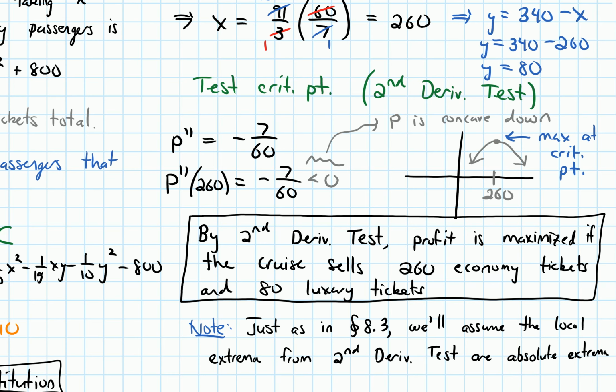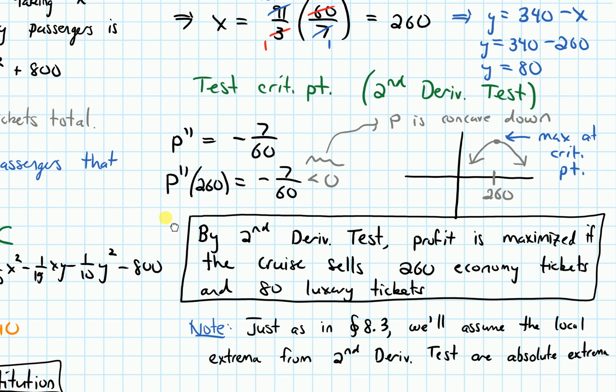We're going to assume that those local mins and local maxes that we get are actually absolute extrema, which is what we wanted in this problem. We wanted the absolute max profit. And it's possible to justify why the local max here is an absolute max. I just want to focus more on doing computations rather than that justification, so I'm not going to talk about that justification in this video.